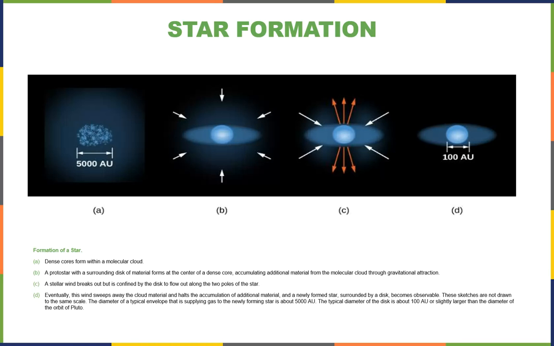But if you go up or down, not in the plane in which stuff is falling in because it's already flattened, then the stuff can get out. So you tend to have jets of stuff being blown away by the forming star coming along the axis of the disk. So the solar system going around like this would have jets going up and down like that. And then in the end, you form your star system with a star at the center.